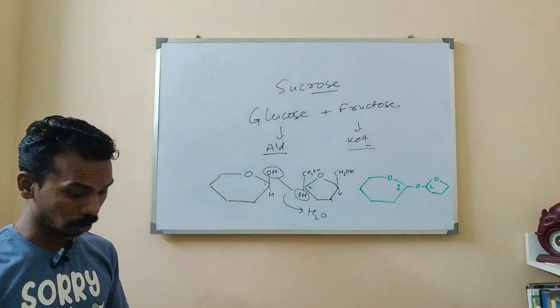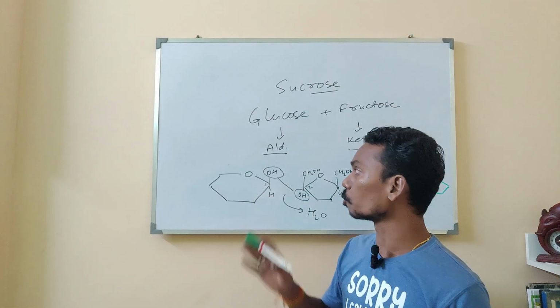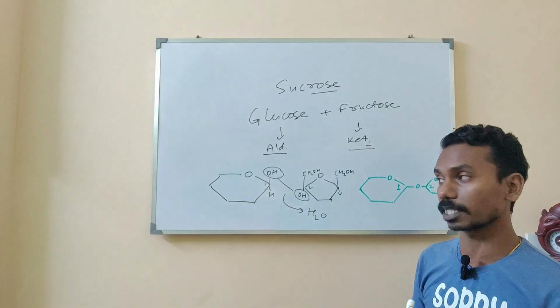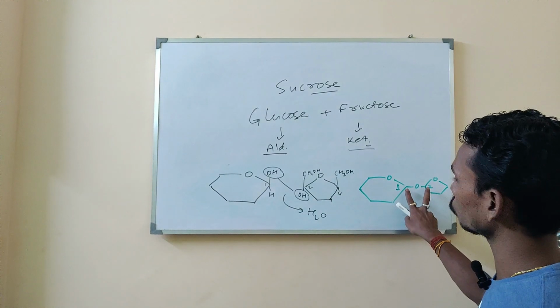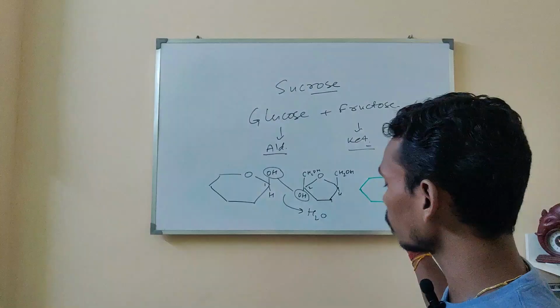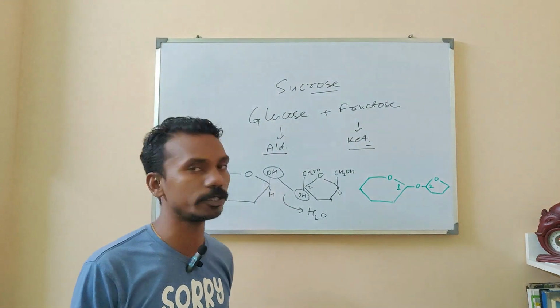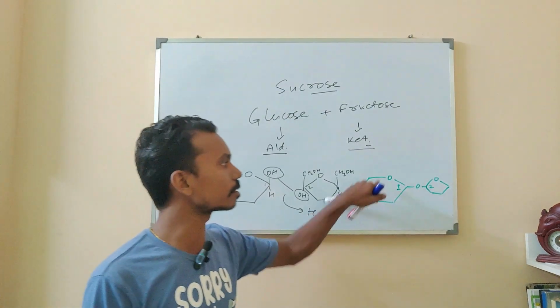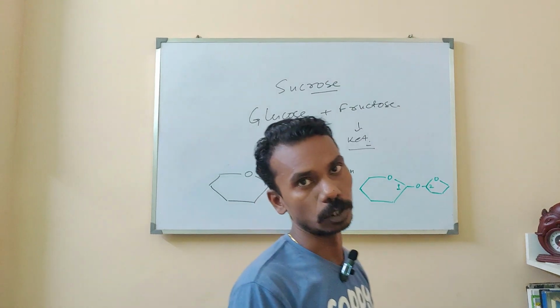So you know that glucose has a free aldehyde group in carbon number 1, and fructose has a free ketone group in carbon number 2, and both the carbons of glucose and fructose are engaged here, so you can see that no free aldehyde or ketone is possible in this compound, and hence sucrose is not a reducing sugar.